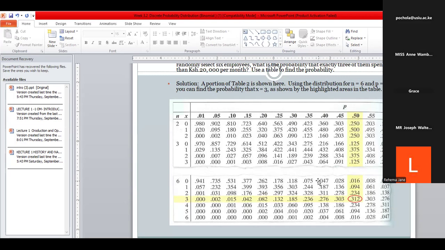Pick this one here: 0.047, 0.185, 0.311, 0.276, all these. So X equal to 0, X equal to 1, 2, 3, 4, 5, 6. Write them somewhere. I want you to go and compare.